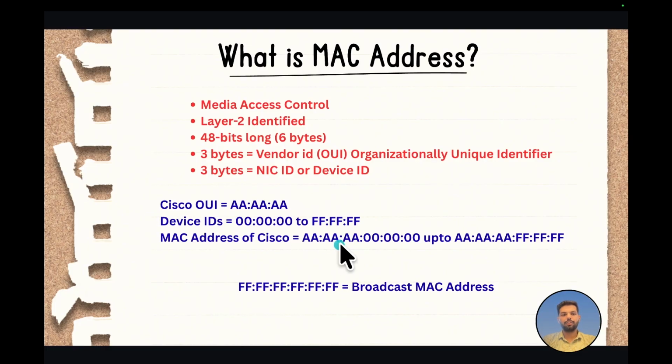And this is how OUI or MAC address works. And if all the bits are ones, that means FFFFFF, right? All are F's, then that means it's a broadcast MAC address. So these are some of the facts to know about MAC addresses.